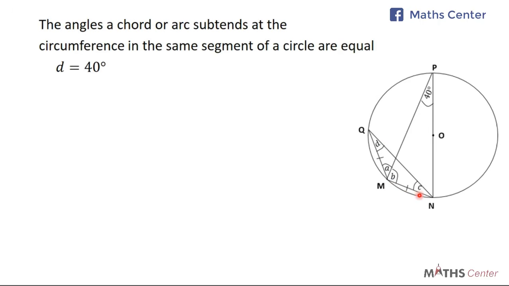So if MN is forming 40 degrees here, and the same MN is forming D here, then D is equal to 40 degrees. I hope that is clear.